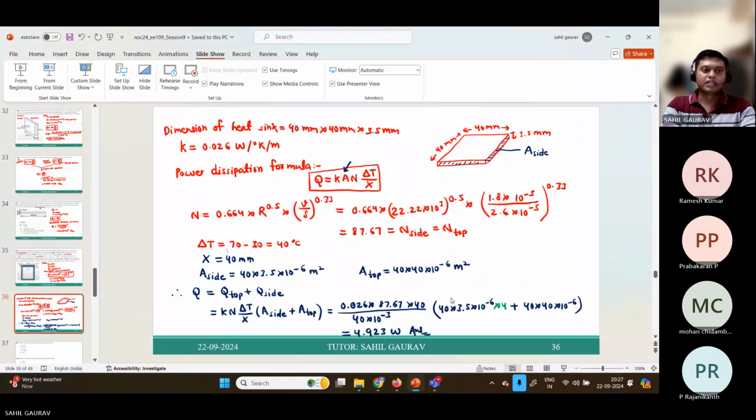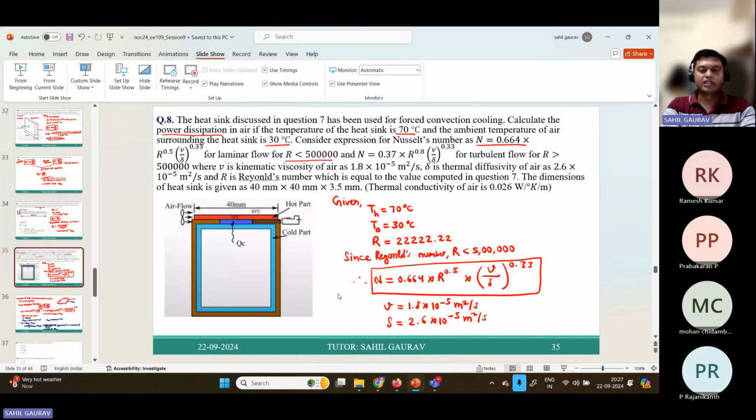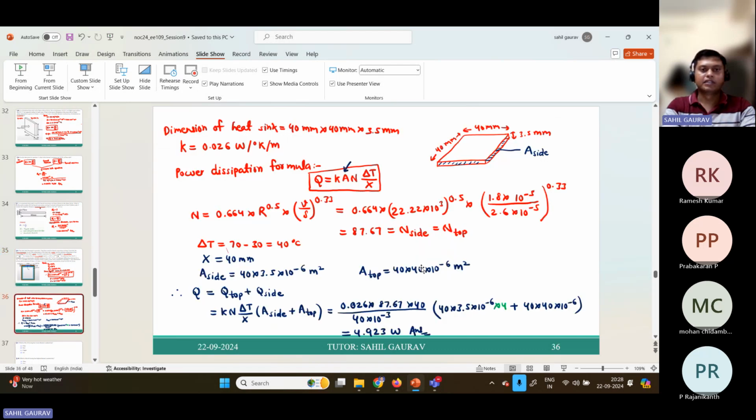Yes. So this is a little bit lengthy problem, but here all things are given. You will first find the Nusselt's number. We got the Nusselt number from the Reynolds number, and then after finding it, we use the power dissipation formula for convection. Here the Nusselt number comes: Nu equals k into A into N into delta T upon x.